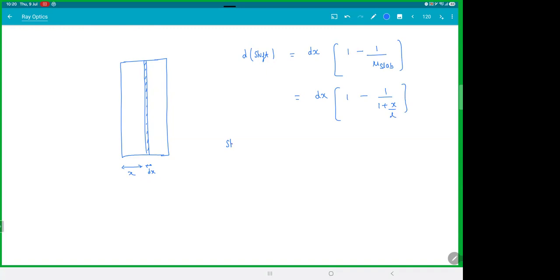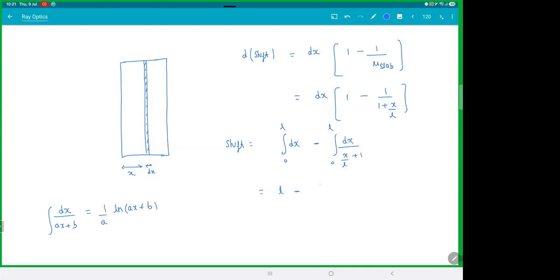So the total shift will be the integral of dx from 0 to L, minus the integral of dx by (x by L plus 1) from 0 to L. This would be L, and I hope you remember that integration. The integral of dx by (ax plus b) is 1 by a ln(ax plus b).